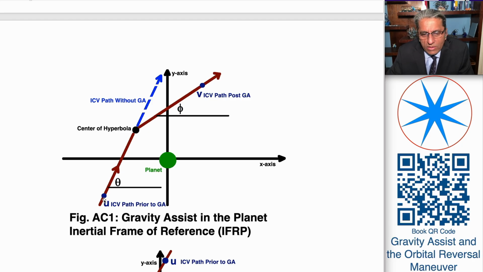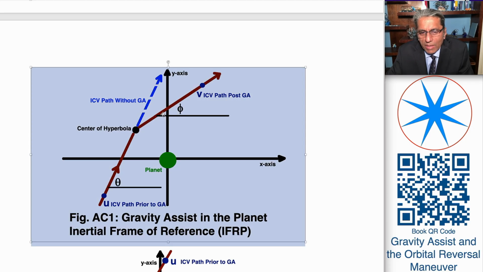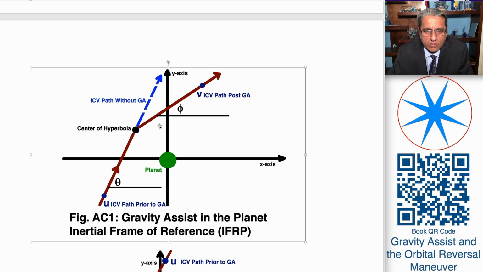Its actual path will not be straight lines because it will be slightly curved, but I'm just approximating, continuing the asymptotes, and the point where they meet is the center of the hyperbola. So by moving to the inertial frame of reference of the planet, you have the path of the spacecraft, which you know is a hyperbola.